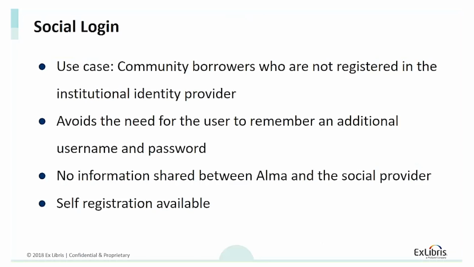As I mentioned, there is a use case in which some institutions have to provide services to community borrowers who are not registered in the institutional identity provider, or for graduates of the institution, or perhaps even for the general public. And so it's not feasible to authenticate those users via some kind of institutional repository. And so therefore, we offer this social login.